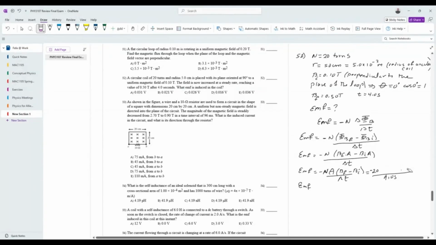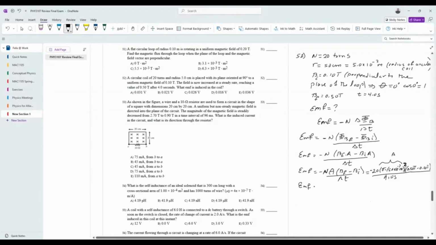So the area, we know the radius, so the area would be pi times r squared. So it's pi times, what is r? 5.0 times 10 to the negative 2 meters squared, and then 0.50 Tesla minus 0.10 Tesla. This is the area: pi times 5.0 times 10 to the negative 2 meters, squared.